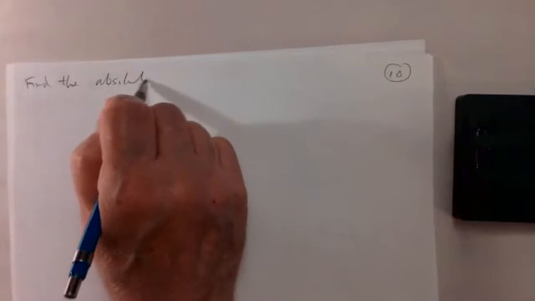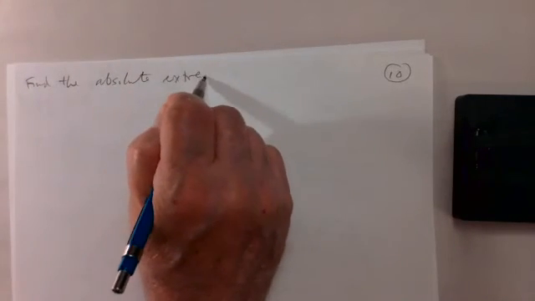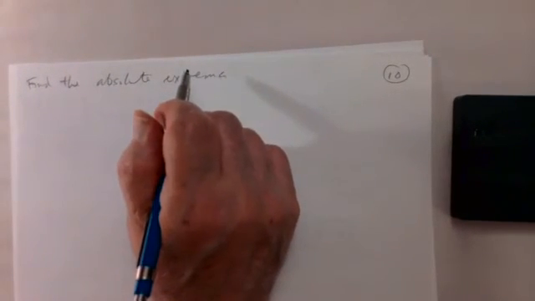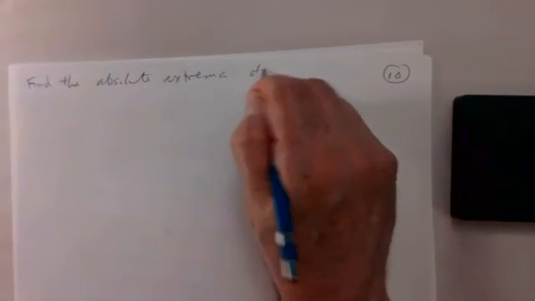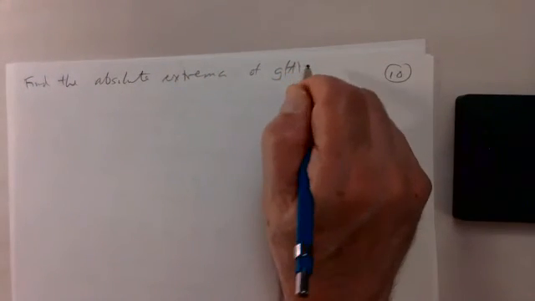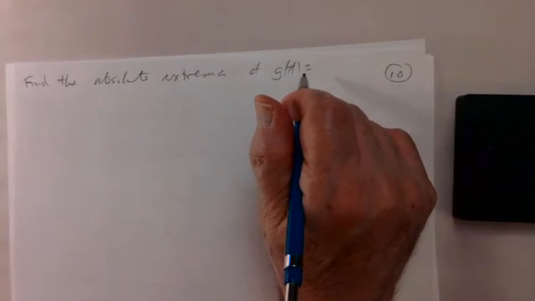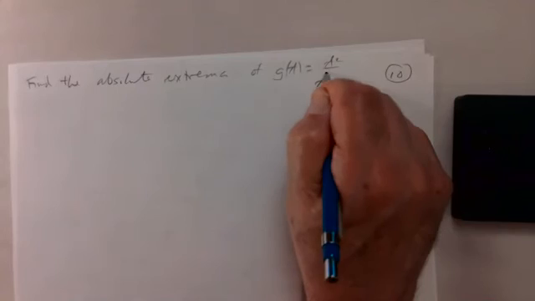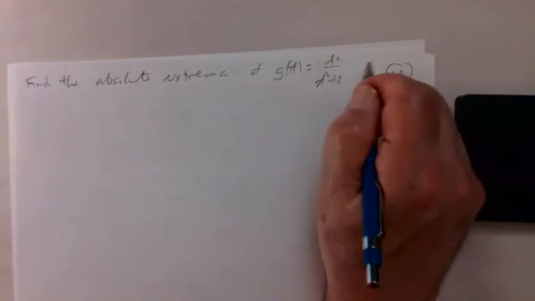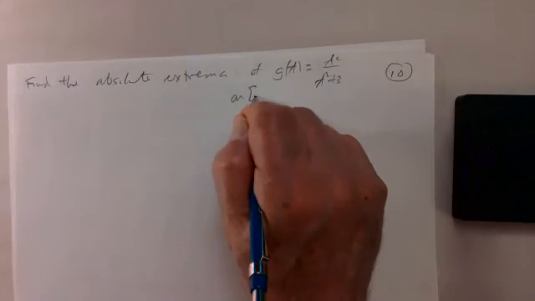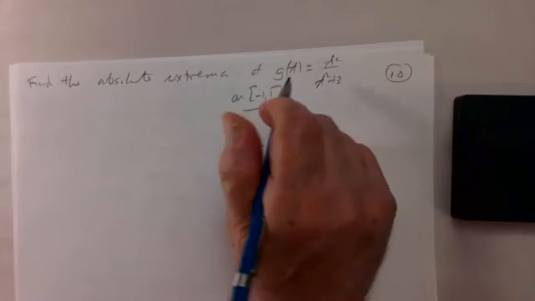Find the absolute extrema of the function g of t equals t squared over t squared plus 3 on the interval from -1 to 1.